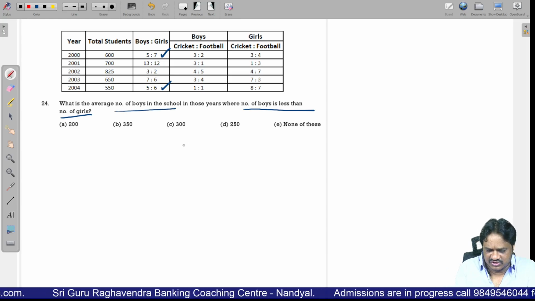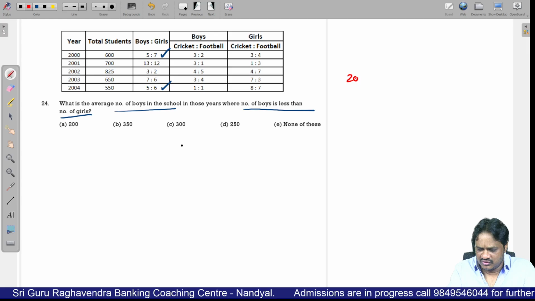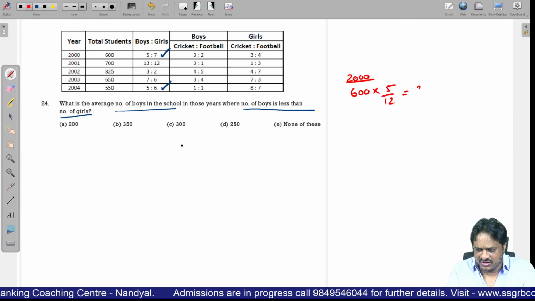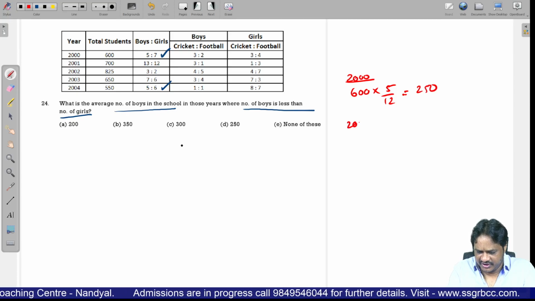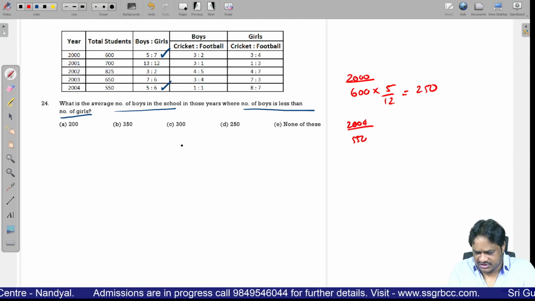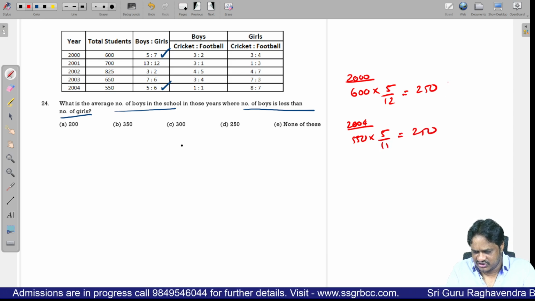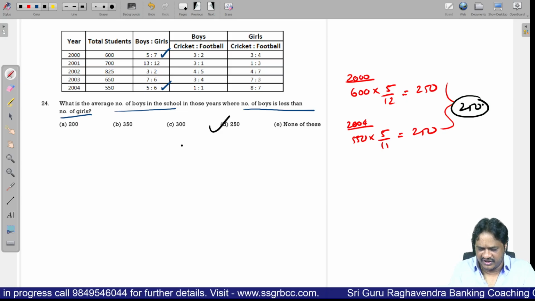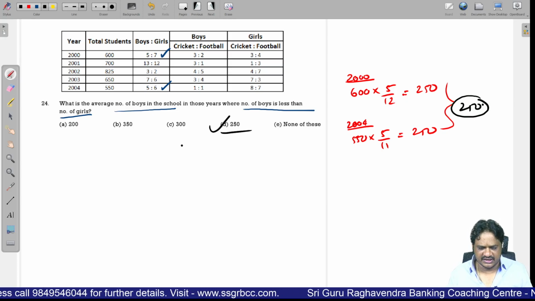First, 2000: total students are 600. Boys will be 5 by 12, that will give 250. In 2004, total strength is 550. In this boys are 5 by 11, that is also 250. So the average also will be 250. Option 4 is the correct answer.